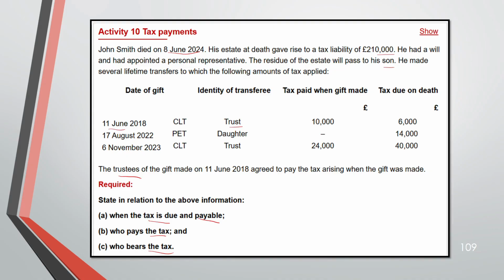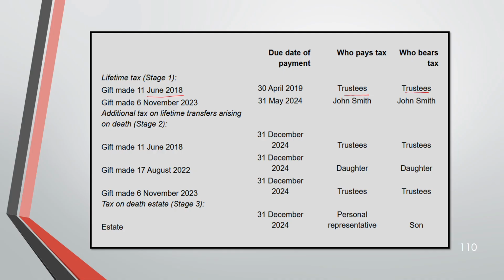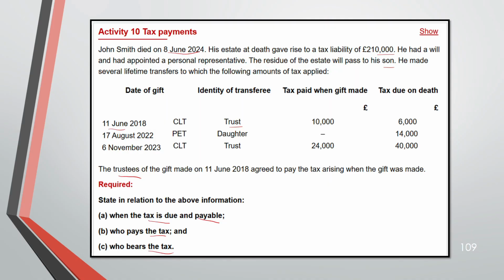So it's 30th April 2019, because it falls within the date that is given in the slides. If it's from April to September, it is next April, 30th April 2019. First gift is over. Now, second gift, 17th August 2022. So this also will be paid 30th April 2023.